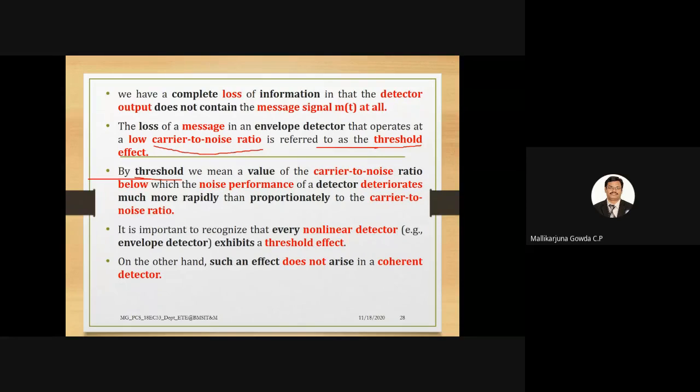This threshold effect will be there whenever we use non-linear devices or a non-linear detector in the receivers. For coherent detectors, the effect of the threshold will not be there. So we don't find such an effect in the coherent detector, because in the coherent detector we don't use a non-linear device.